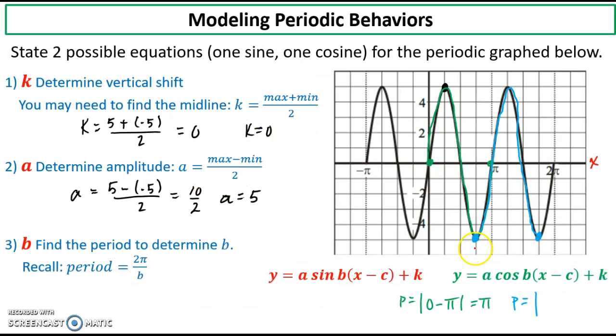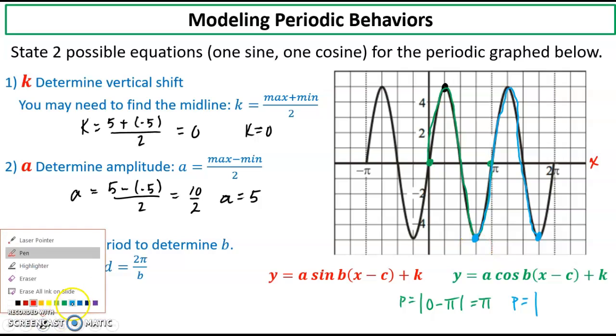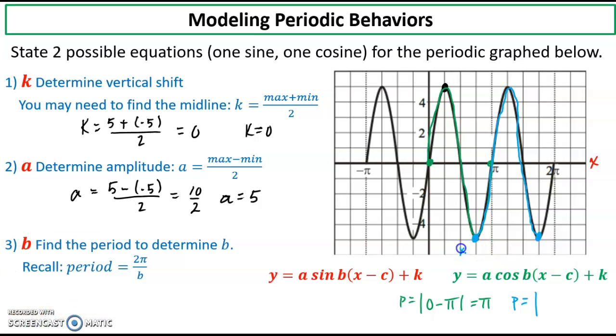So when I look at this, this is x equals 3 pi over 4. This would be x equals 7 pi over 4, because I'm pi over 4 units less than 2 pi. So when I subtract my start and my end values, I verify that the period is equal to pi.